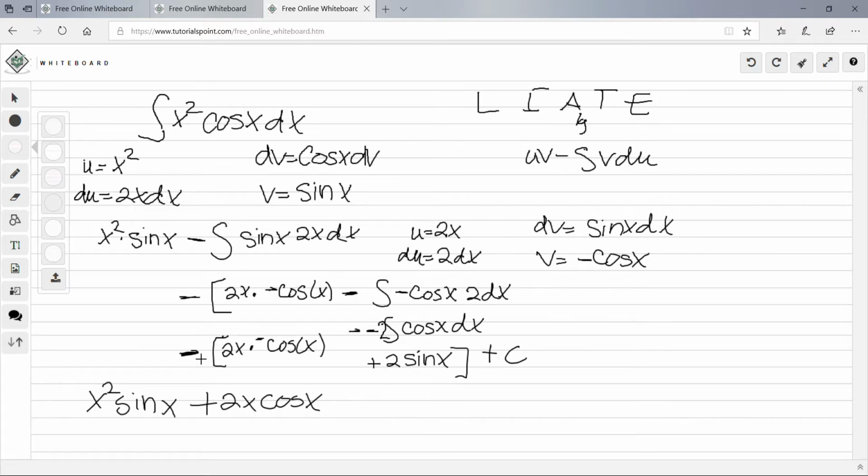Distribute this negative, so it's negative times positive, so it's going to be negative 2 sine x plus c. This is your final answer.